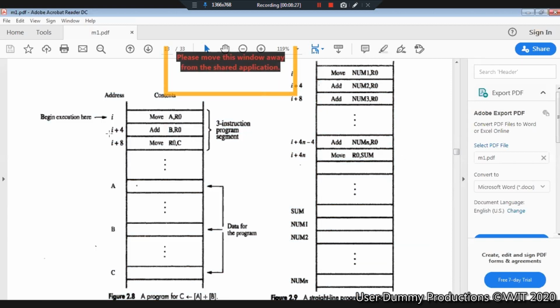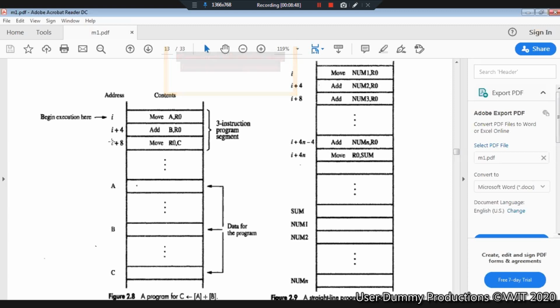See here. Suppose at the ith address we have MOVE A, R0. What does that instruction indicate? We are moving the content of memory location A to R0. Then at I plus 4, ADD B, R0: the content of memory location B is added with R0. That is the second instruction.